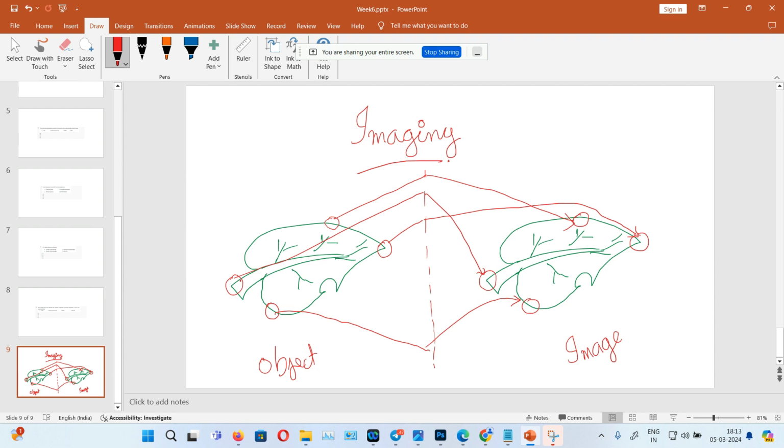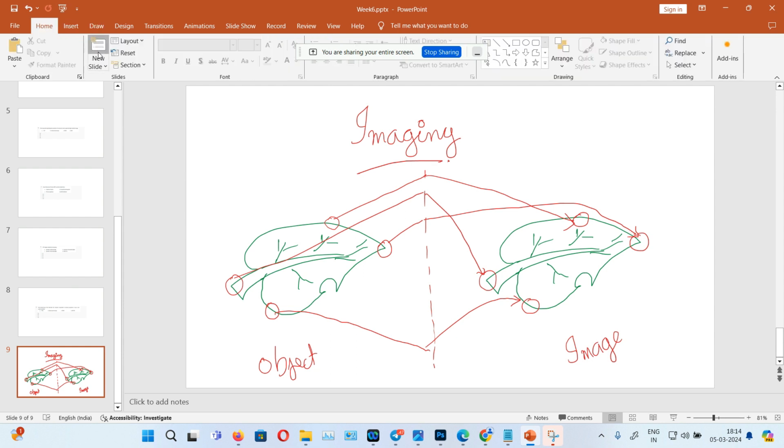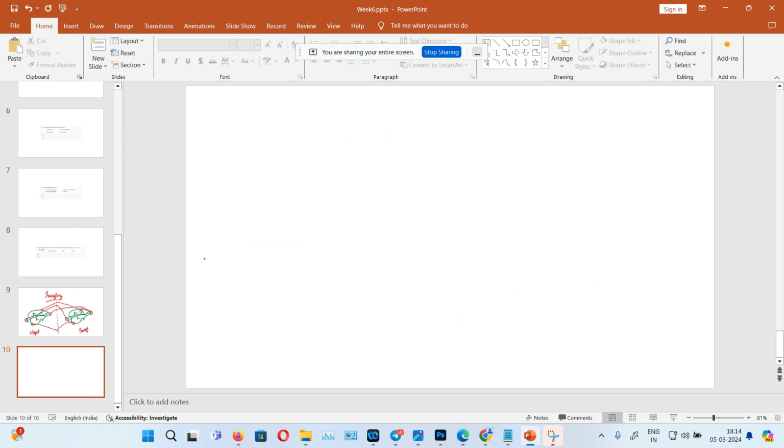What is giving the image in the form of vision? It completely depends on the light. So how does this become a good image? To see an object, I need light. How are we seeing an object?